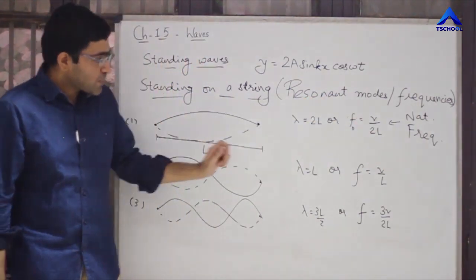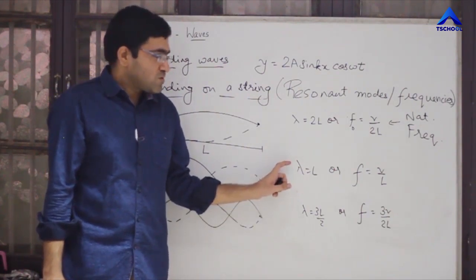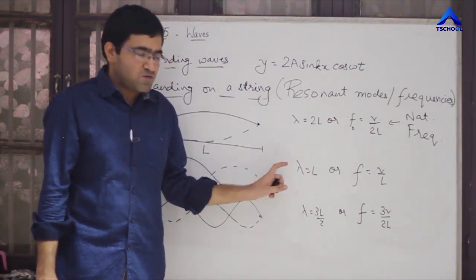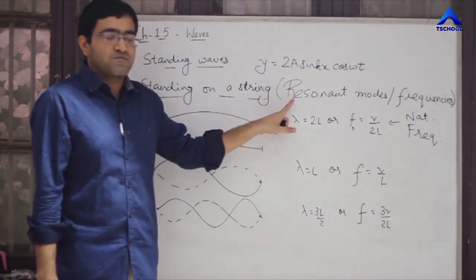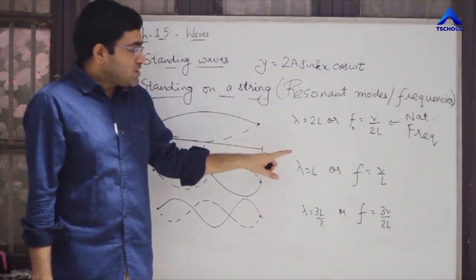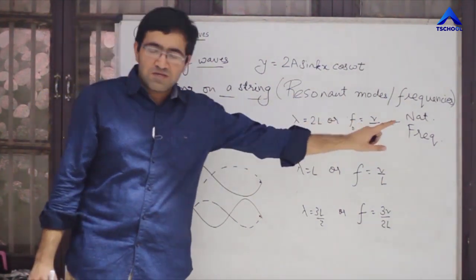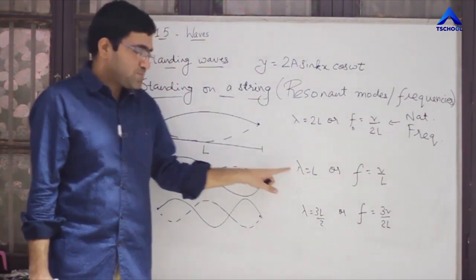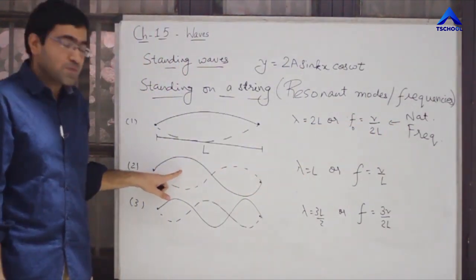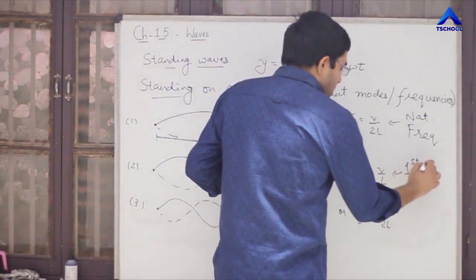Now, what about these two? Do we have a name for these two? Yes, actually we have a name for all the resonant frequencies. The lowest resonant frequency is the natural frequency. The second one, the one corresponding to this diagram, is called the first overtone.